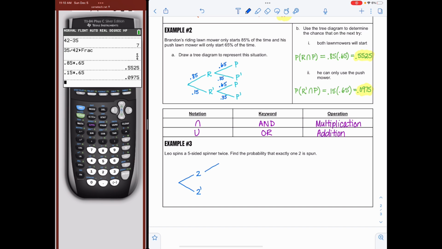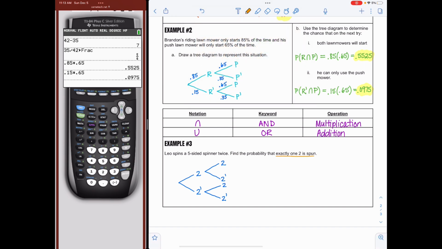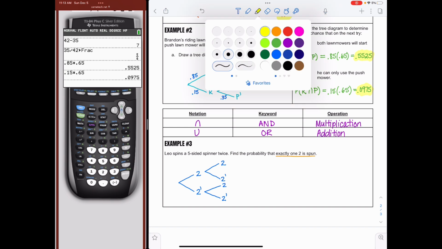And then on the second spin, he can either spin another 2 or not spin another 2. And then, of course, it'll be the same thing for if he doesn't spin a 2 the first time around, but he spins a 2 on the second time around. So it says, find the probability that exactly one 2 is spun.